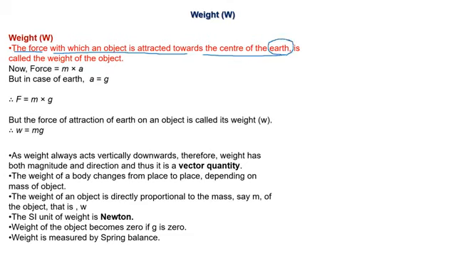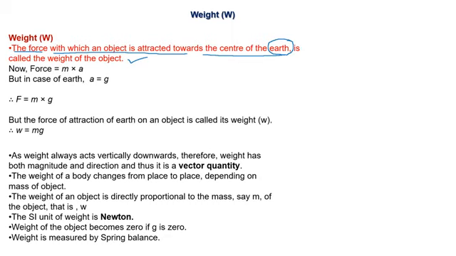Here the object is earth, so definitely the weight on the earth will be different than the weight on the moon or the weight on Jupiter, because weight is a force with which the object is attracted towards the earth. So weight is not constant. It means it is not constant because it depends upon the place where you are standing. Okay, now let's derive the weight.